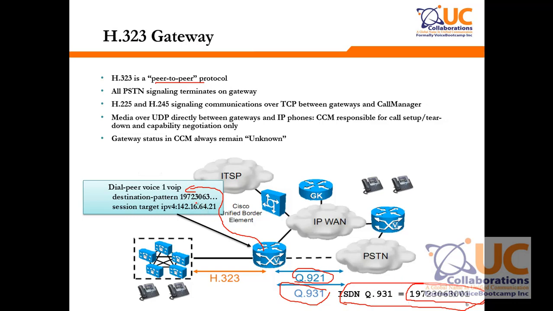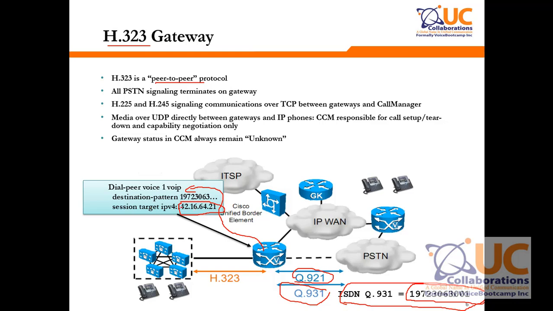Now the router knows that it's going to send the call to this IP address and it's going to use H.323 gateway. The reason why this dial peer shows an H.323 gateway is that out of the box, every VoIP dial peer is by default H.323 protocol. You can change that to SIP if you want to, but by default it is H.323.